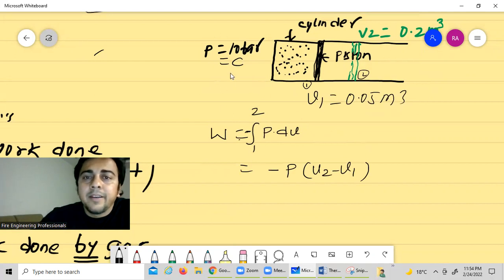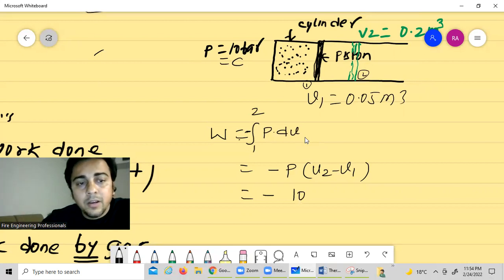Now pressure is 10 bar, they have given. Now we just have to put in the values. Pressure is 10 bar, given in the question. So we can write 10. Remember, 1 bar equals 100 kilopascal from the previous video. So 10 bar means 10 times 100 kilopascal times V2 minus V1, which is 0.2 minus 0.05.